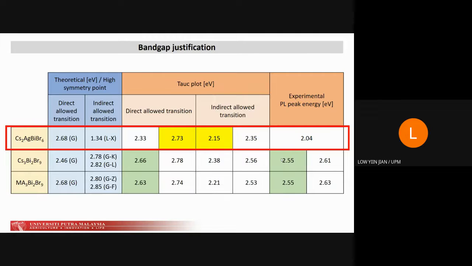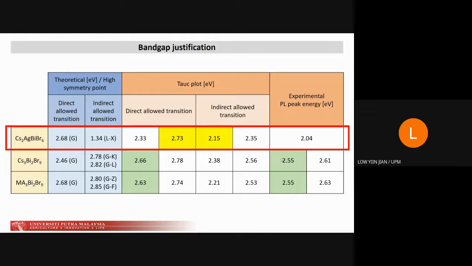And this discrepancy results from the limitation of the GGA function, which is the generalized gradient approximation function used in the energy band gap calculation, and can be countered by using a hybrid functional, the HSE, with spin orbit coupling consideration.